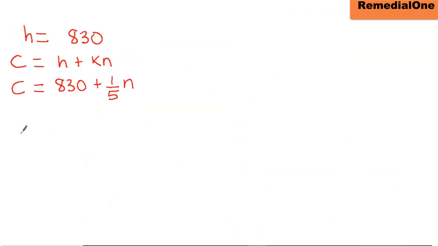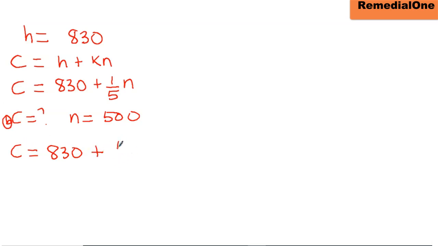Okay. Now the B part, we have to find the cost if we are able to produce 500 bricks. So we don't know the cost, but we know N to be 500. So we just substitute. So C becomes 830 plus 1 on 5 times N, which is 500.